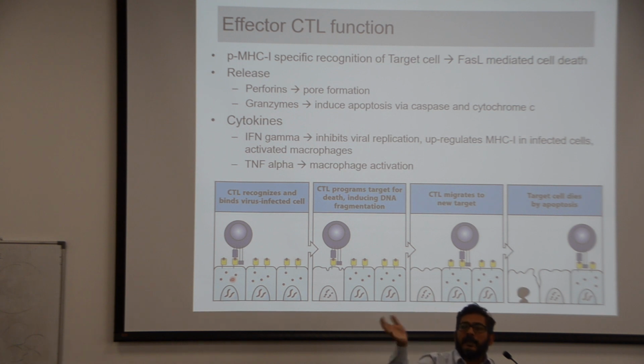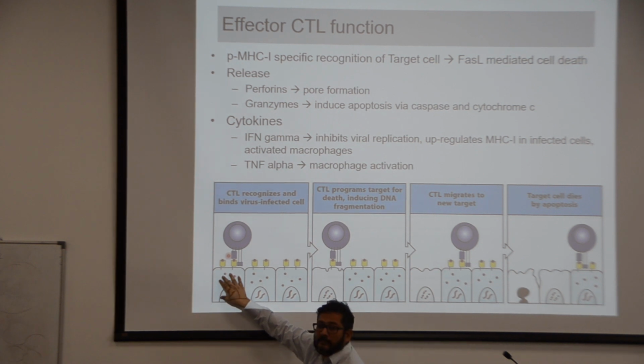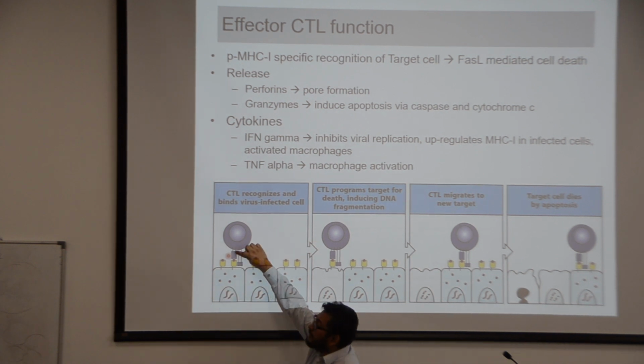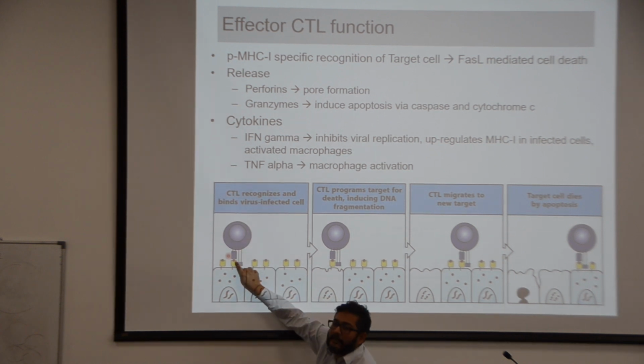When it's infected, it will express antigens both of self and the pathogen antigen. So the cytotoxic CD8 T cell that is scanning around starts seeing a virus infected cell, and uses the same T cell receptor that it used initially to get activated by an antigen presenting cell to look for the same antigen. When it finds the same antigen, it finds the target cell.